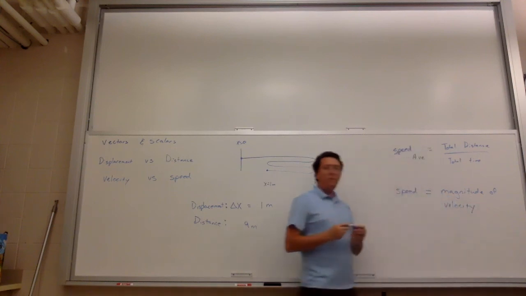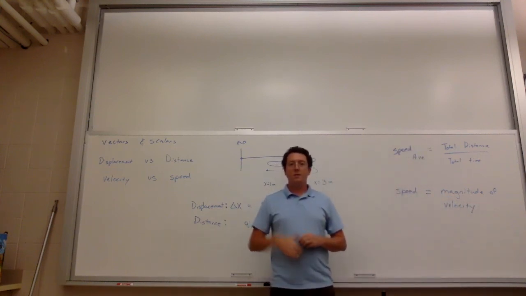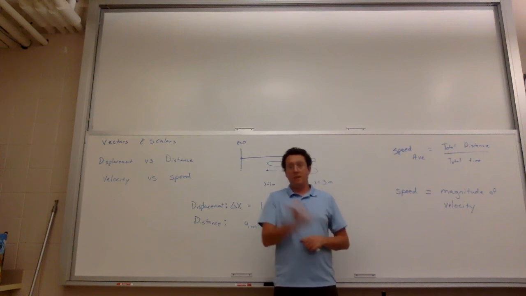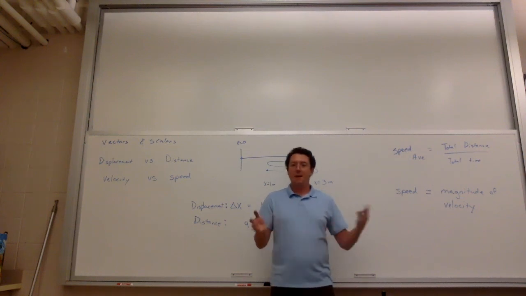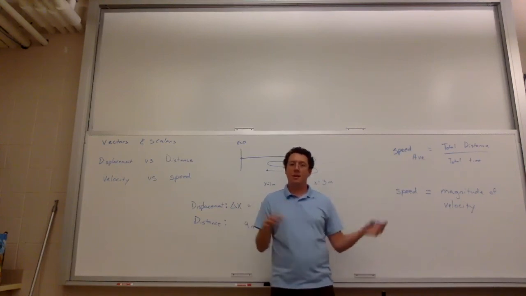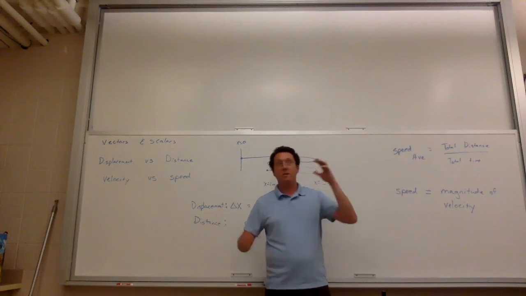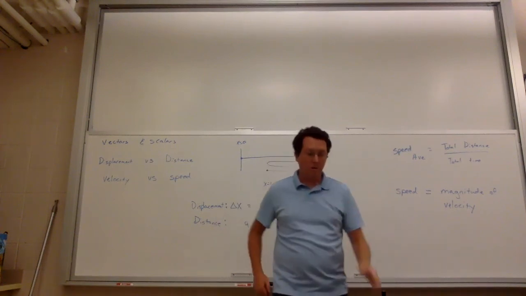If you're traveling with a velocity of 5 meters per second to the right, your speed is 5 meters per second. If you're traveling at negative 5 meters per second, so 5 meters per second to the left, your speed is 5 meters per second. It doesn't care about the minus sign. It's just the size of the quantity, the size of the vector. That's a better way to say it.